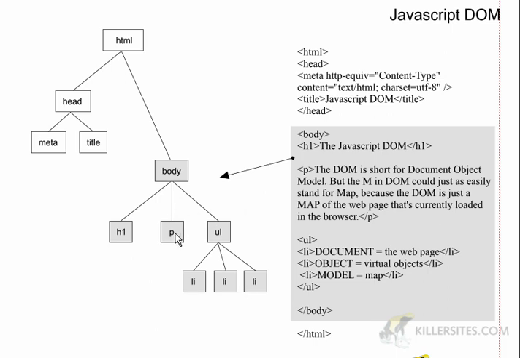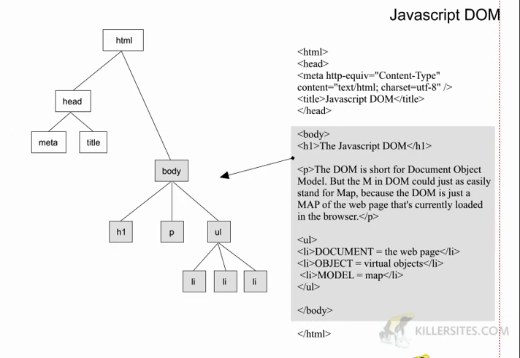We have our paragraph, and our H1, and here we have our ordered list. You notice in between the ordered list tags, we have the list item tags. And again, it's represented here in this DOM hierarchy map. You see we have our ordered list and we have our individual list item tags as well.